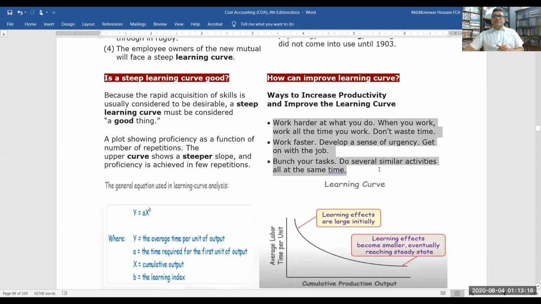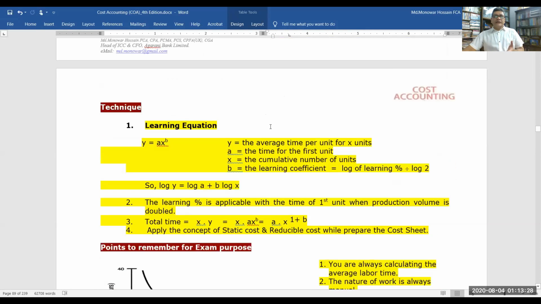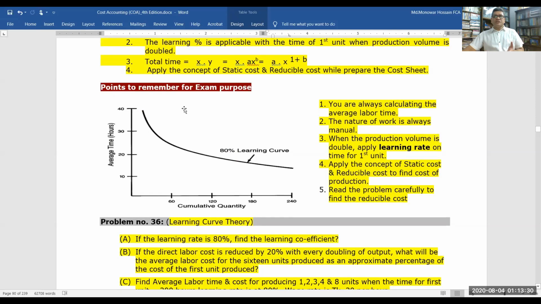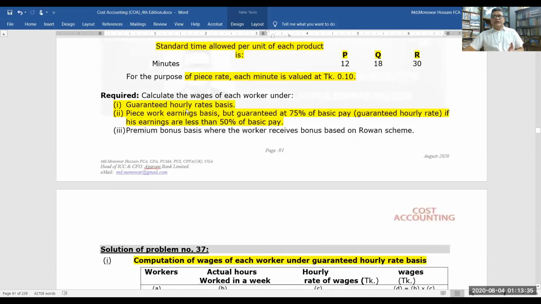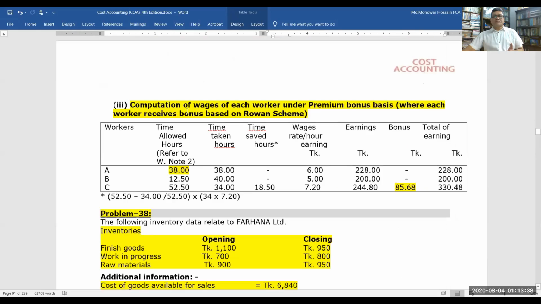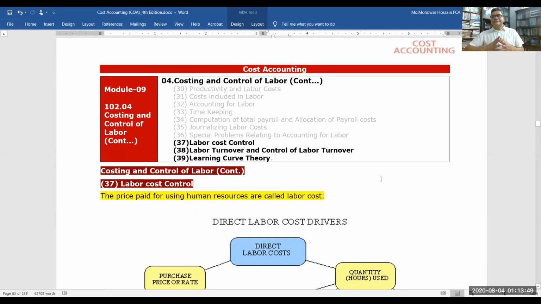We also saw the general equation of the learning curve, the learning curve problems, and we solved other problems too. So today we discussed labor cost control, labor turnover, control of labor turnover, and learning curve theory. All for today.